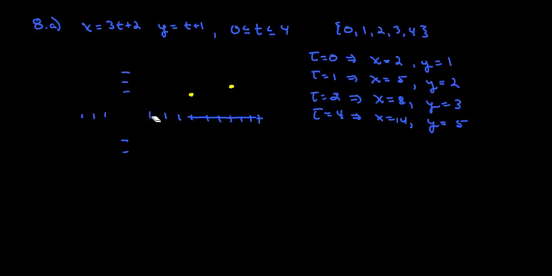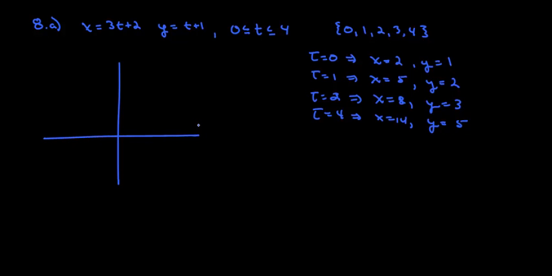In fact, let me get a little bit better graph here. So it starts at 2 and ends at 14 with a height value that starts at 1 and ends at 5.